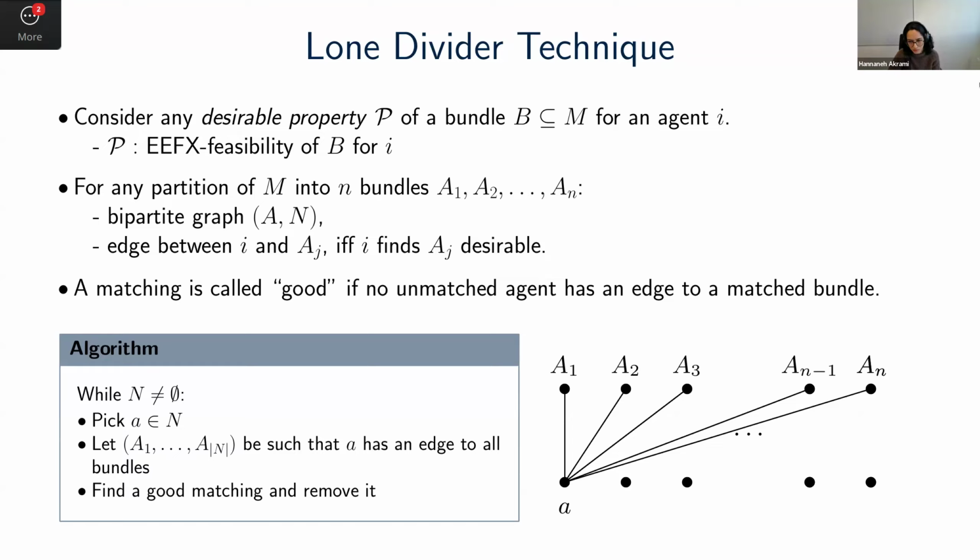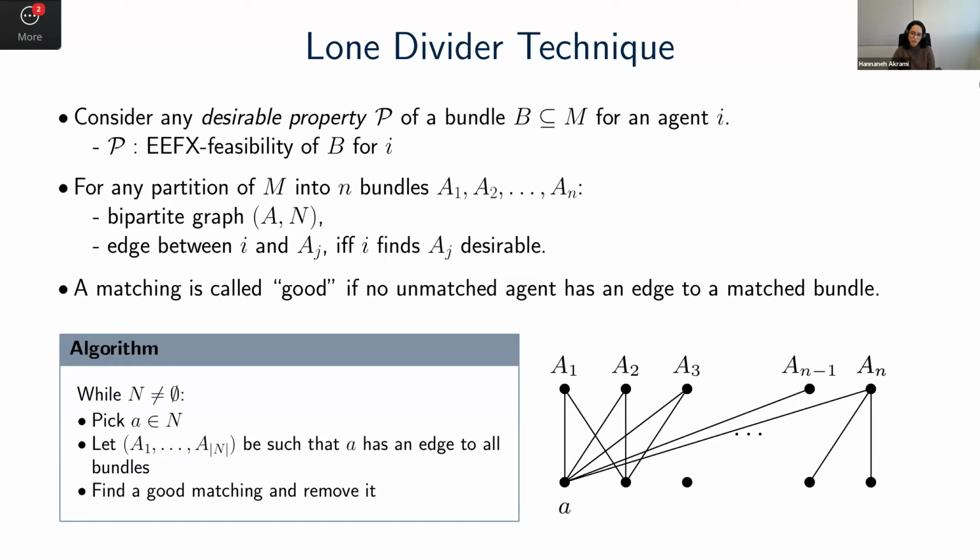Well, clearly, whether this is possible or not depends on this property P that we are setting initially. But let's say that is possible. So this agent i is playing the role of the lone divider in this round, and hence the name lone divider for this algorithm. Okay, so the agent does this, and then we consider the graph, while other agents might also have some edges to the bundles.